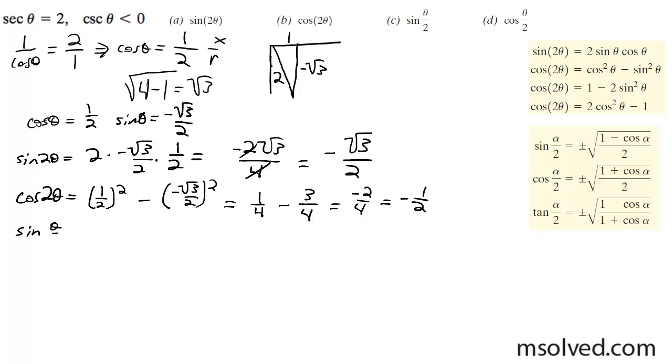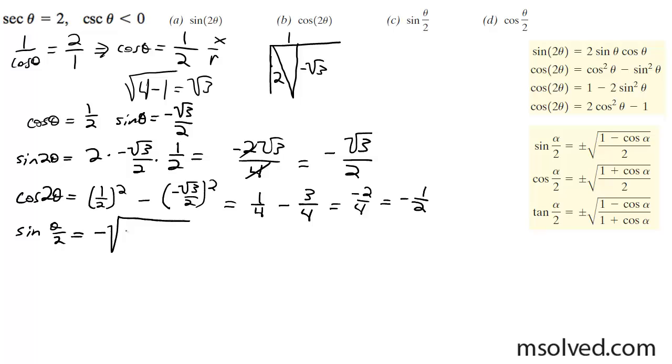For the half angle, sine of theta divided by 2, we're going to get, in this case, a negative value, because it's still going to be in quadrant 3.